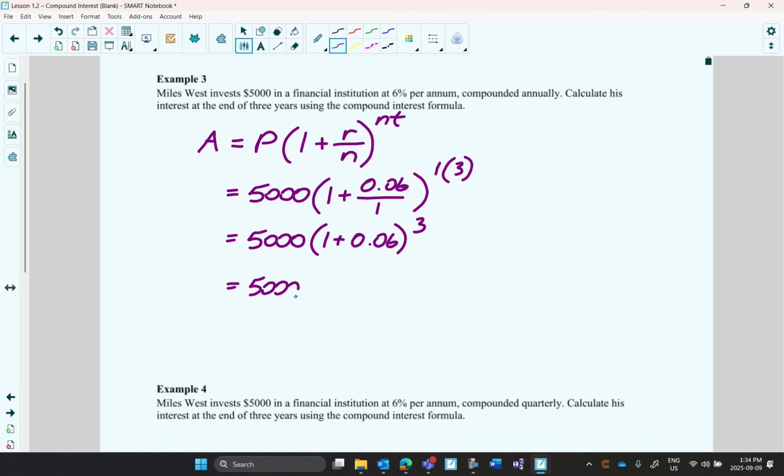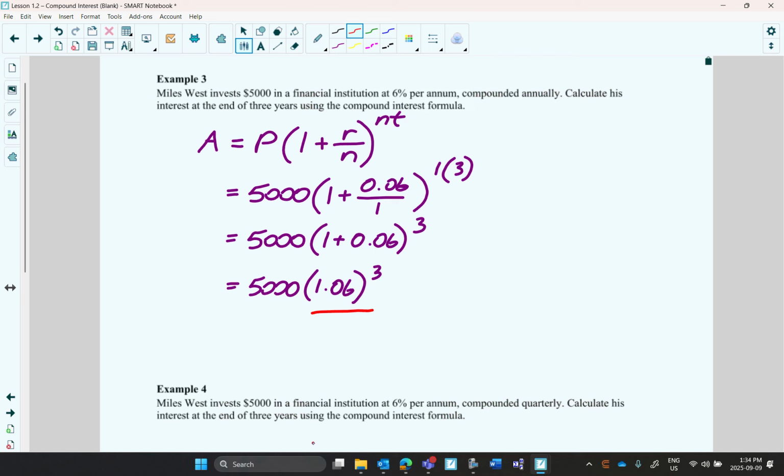I can add the two numbers in parentheses and get 1.06 to the 3. Now I'm ready to use my calculator. Remember, proper order of operations: do exponents first, then times that answer by 5,000.